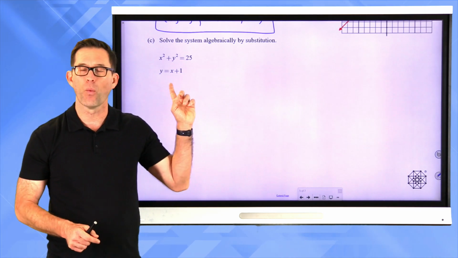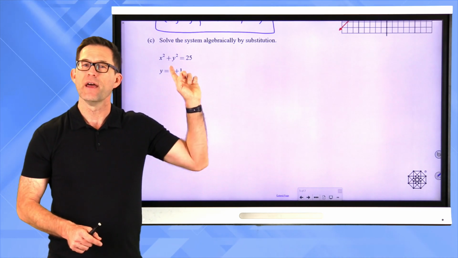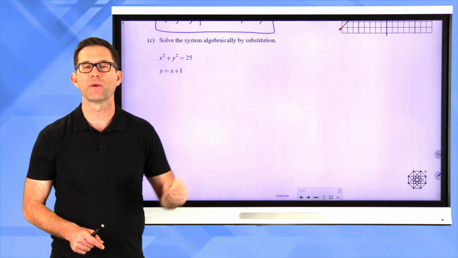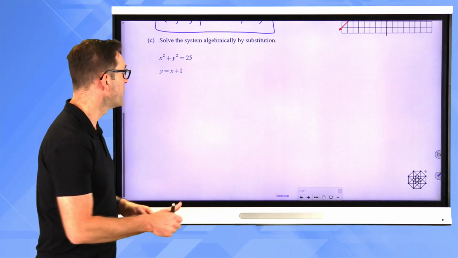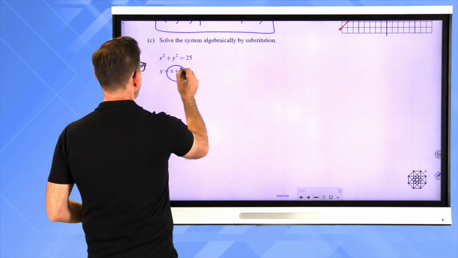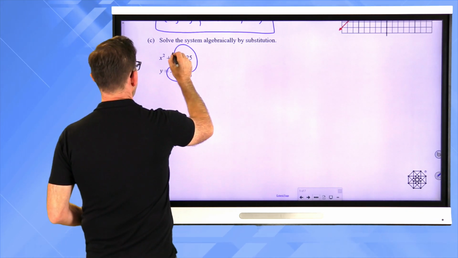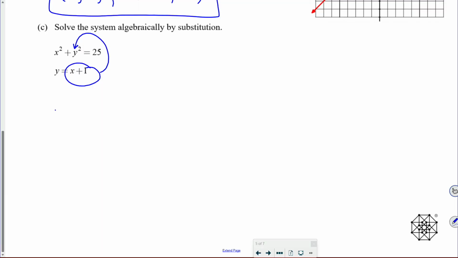Here, of course, we have a y equals, and that's a function, but then we have x squared plus y squared equals 25, and that's not a function. So in order to solve this one, instead of setting the equations equal, I need to take x plus 1 and substitute it in for that y variable. So I'm going to have x squared plus (x plus 1) squared is equal to 25.